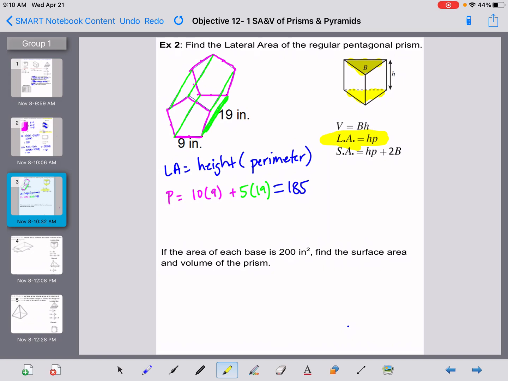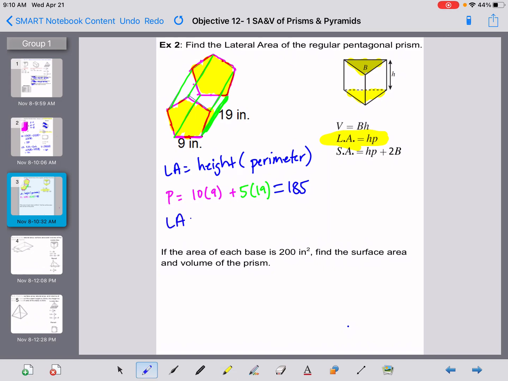So looking at this, even though the base appears to be the rectangle, I can flip this, and this pentagon shape and this pentagon shape, that's actually the top and the bottom. Those are actually the bases. So that would mean that the 19 is the height.